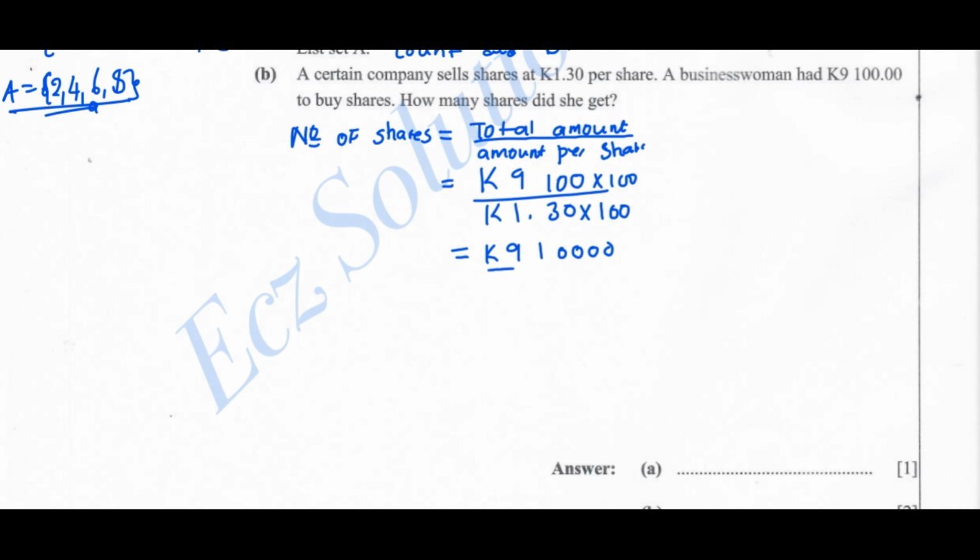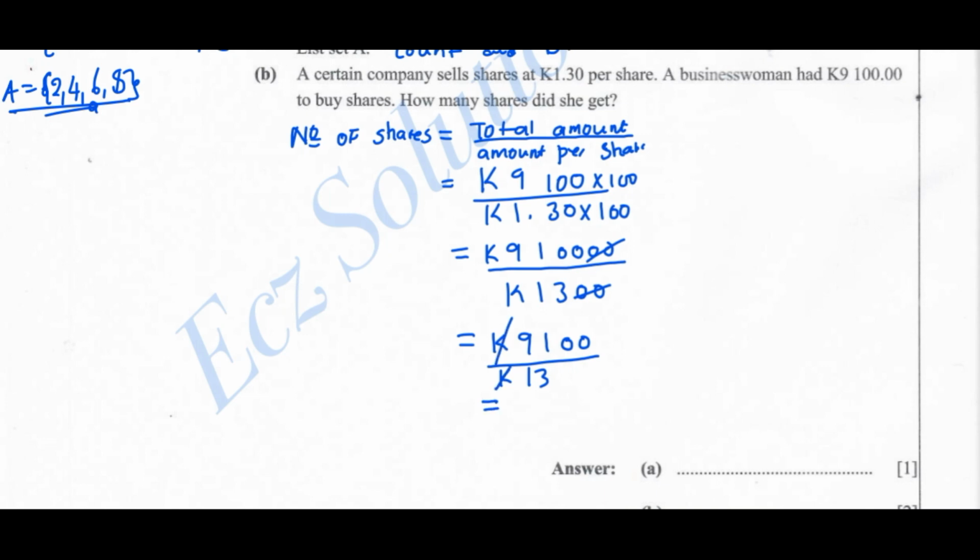That's the rule for multiplication. Then this will be 130, another 0. Now let's cancel this. So on top we have 9, 1, 0, 0 over 13. So we can cancel the zero.